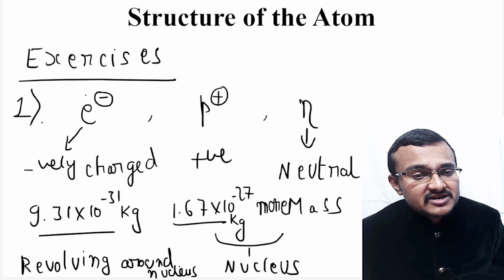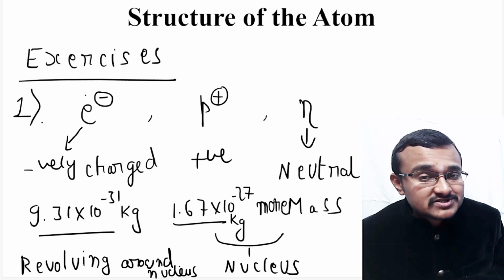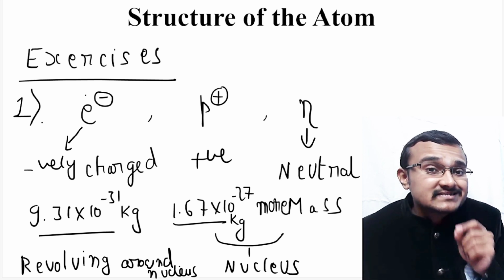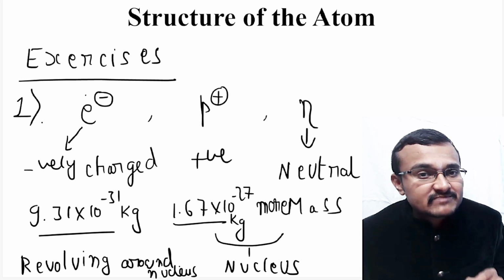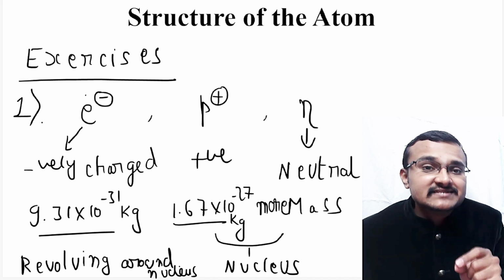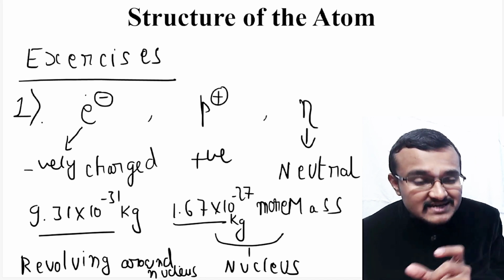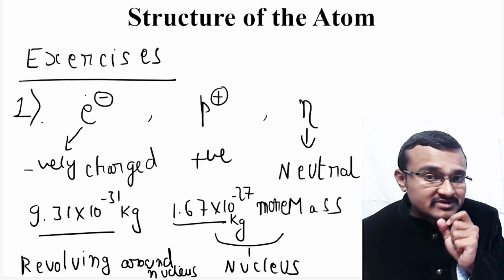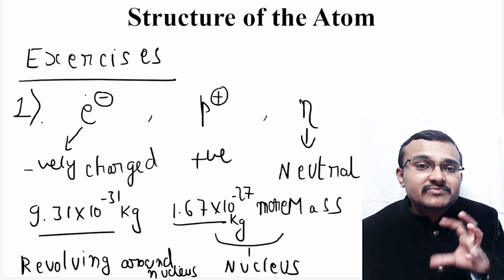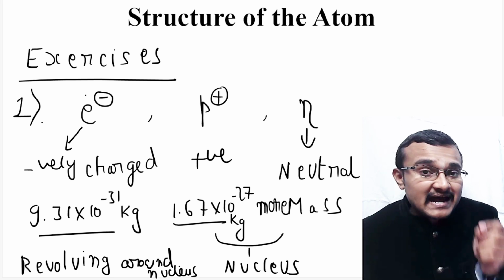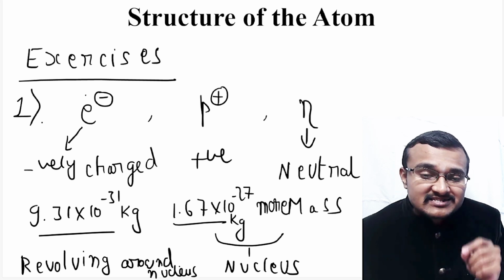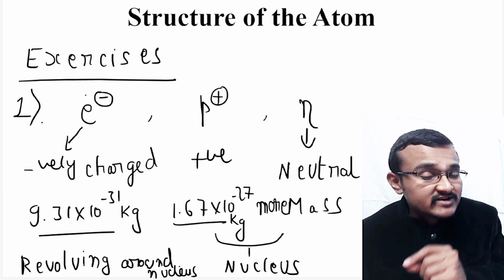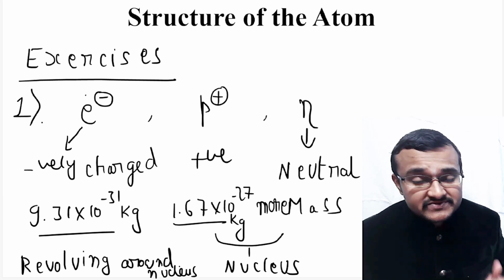One of the important properties of electrons, protons and neutrons is that they are all subatomic particles. What do we mean by subatomic particles? Particles which are there inside an atom. Protons and neutrons will be there inside the nucleus. Electrons will be revolving around the nucleus. Electrons are negatively charged, protons are positively charged, and neutrons don't have any kind of charge.